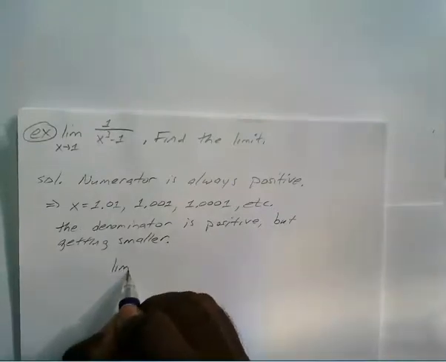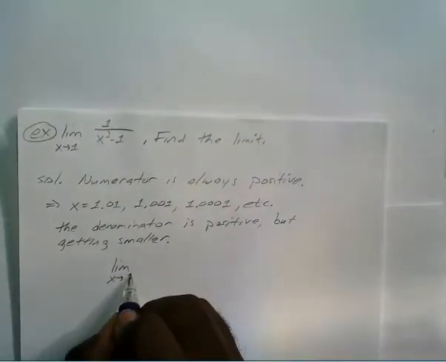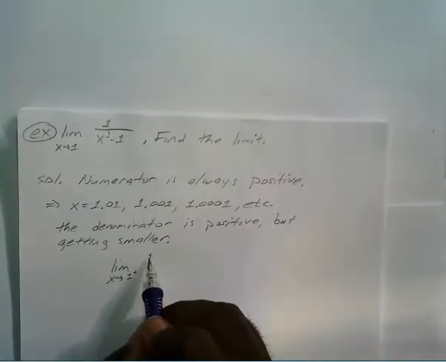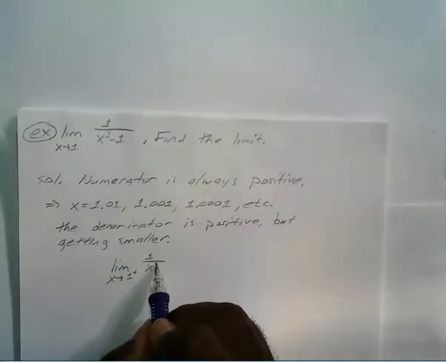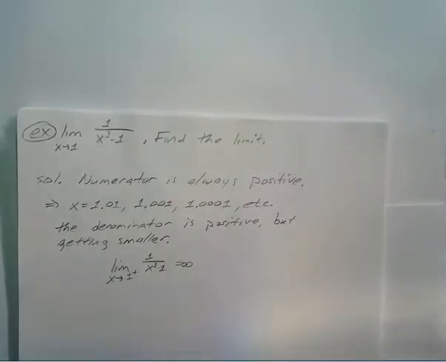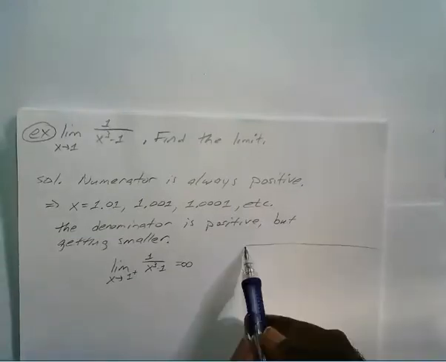That means the limit as x approaches 1 from the right of 1 over x to the third minus 1 is infinity. And again, to verify, you can just plug those in.